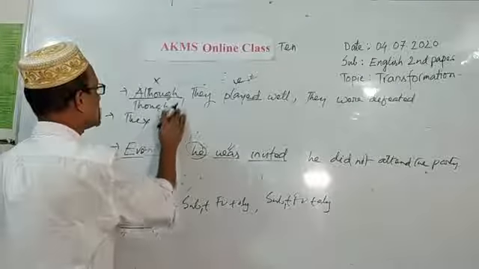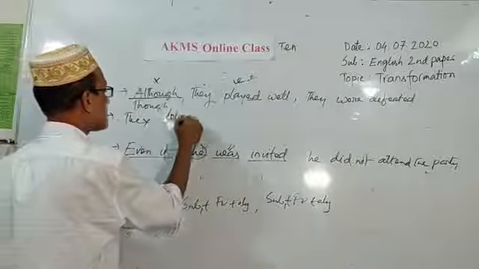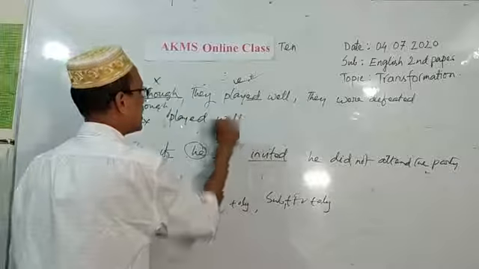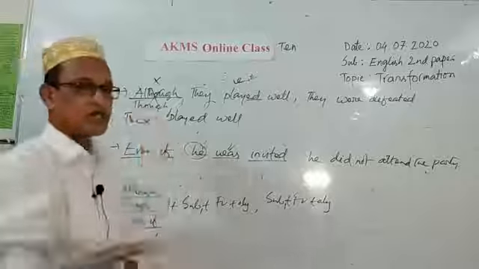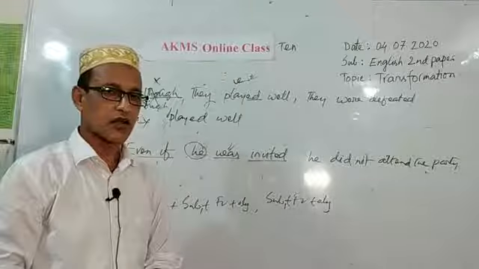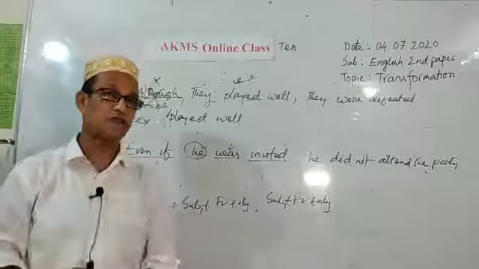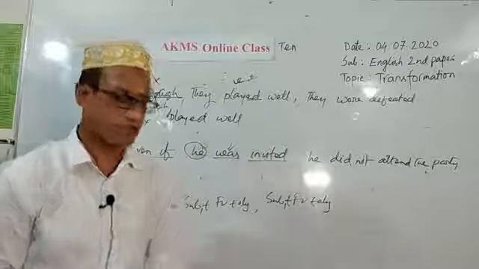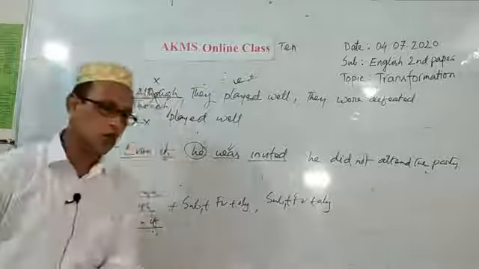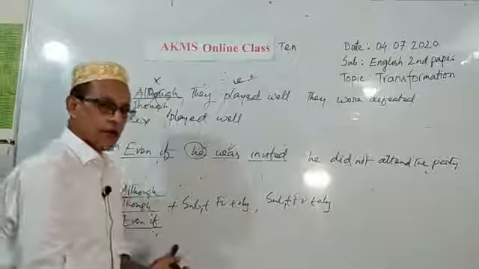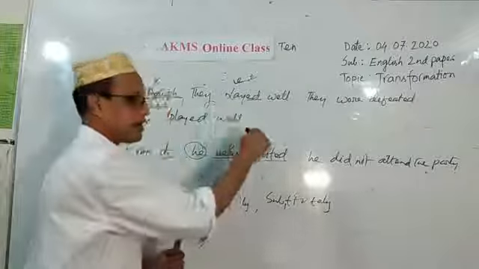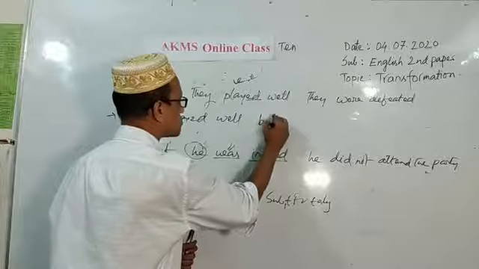They played well. I have not used though because I cannot make a compound sentence with the use of though, although, or even if. Okay, I have erased though, although. Now I will erase the punctuation mark and now I will use but.